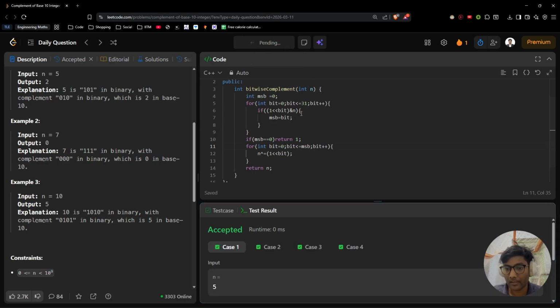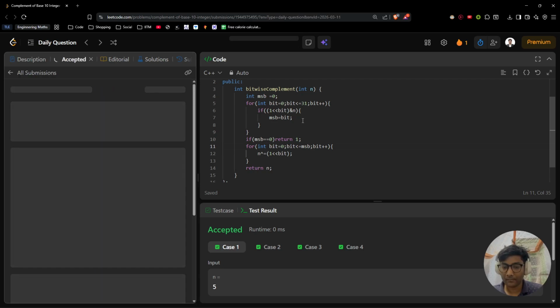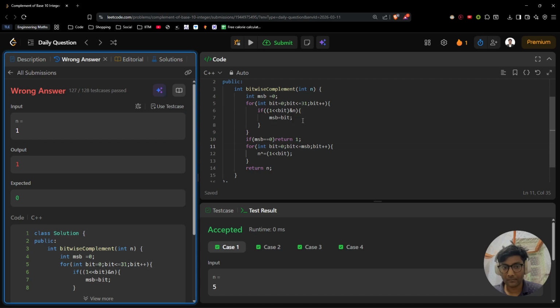Yes, this is working. Let's try to submit. In case of 1, the MSB will be 1, and I output 1. Let's see.